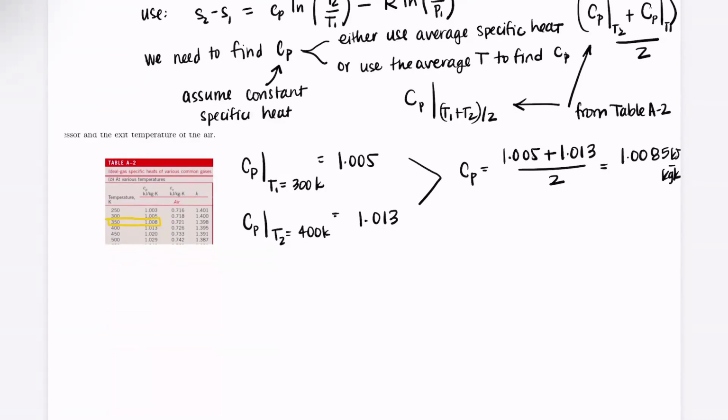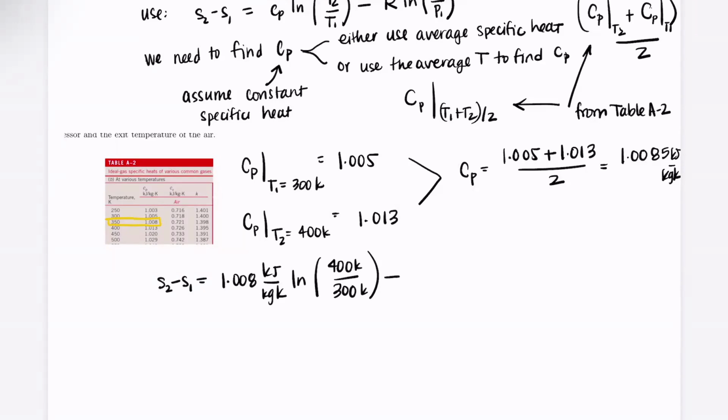I'm just going to plug this back into our equation. So we have s2 minus s1 is equal to 1.008 kilojoules per kilogram K times the natural log of our second temperature divided by our first temperature. And make sure you're using absolute scale here. Since it's already given to us in Kelvin, we don't have to change anything.